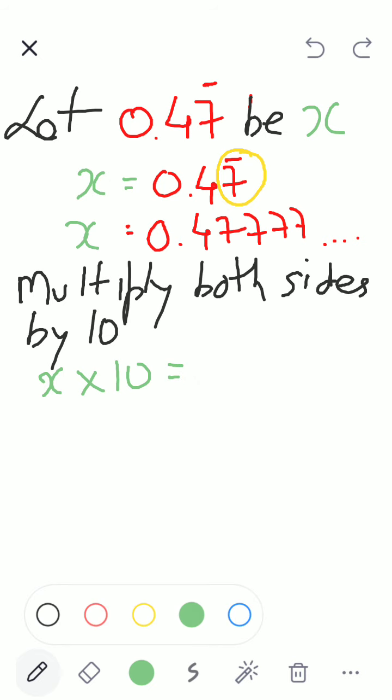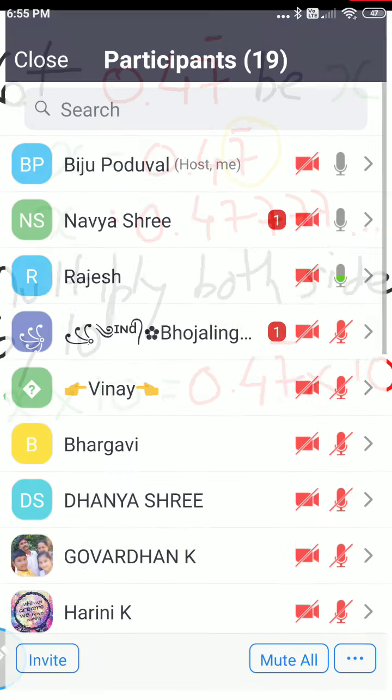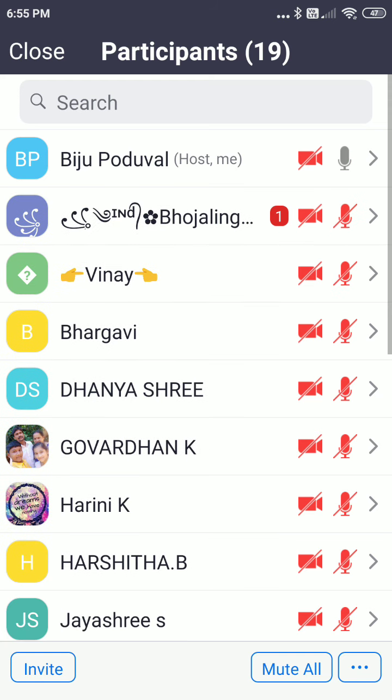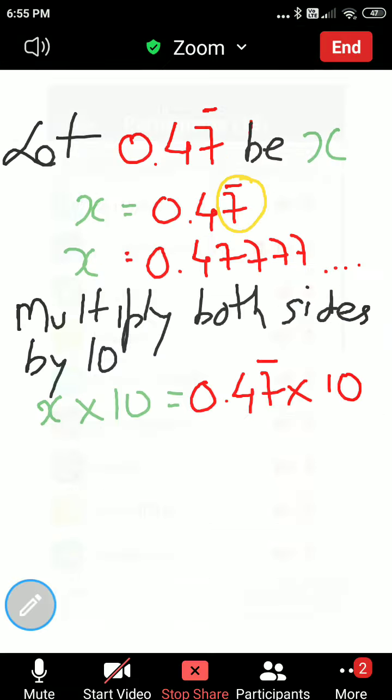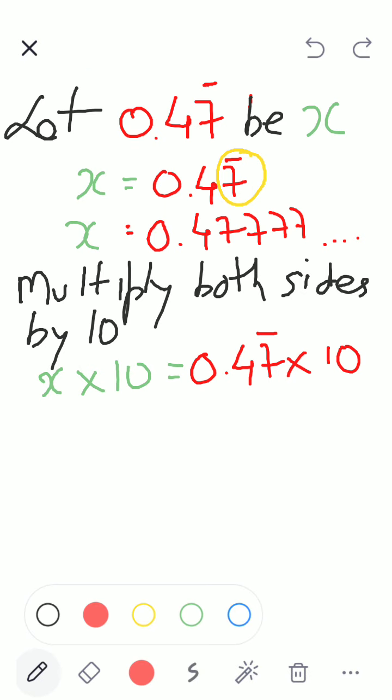So both the bags I'm multiplying by 10. So I have 0.47 multiplied by 10. Rajesh, please mute. Navya, please mute. Okay, children, now can somebody raise your hands?